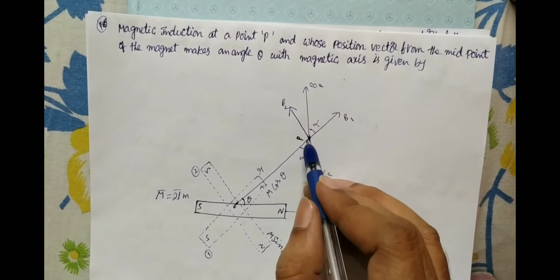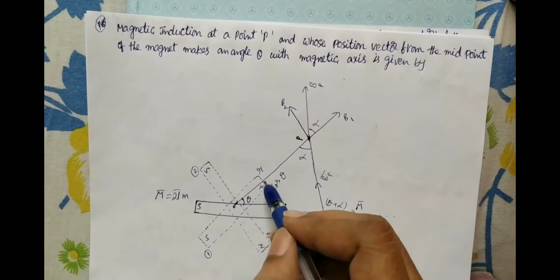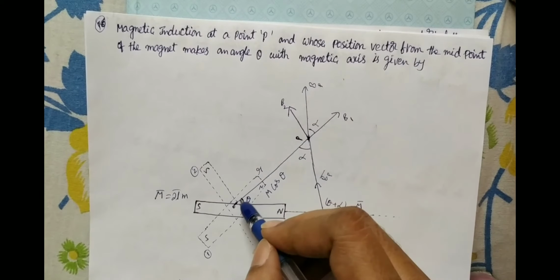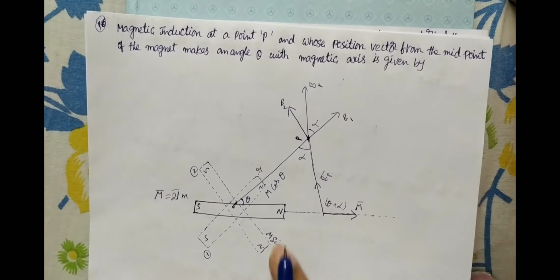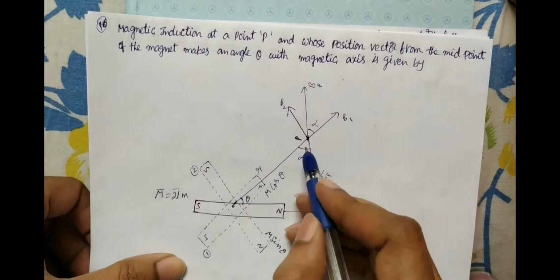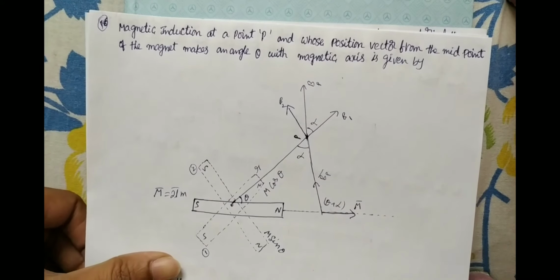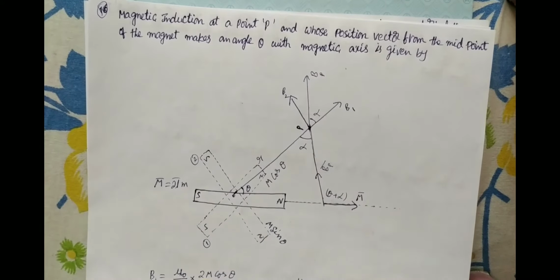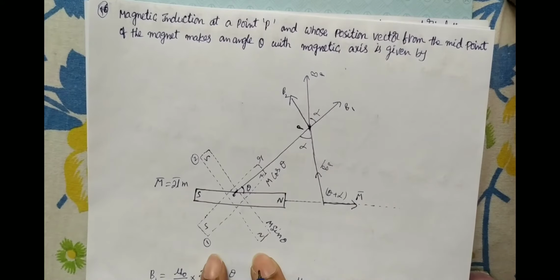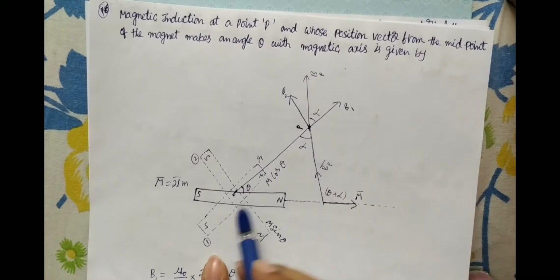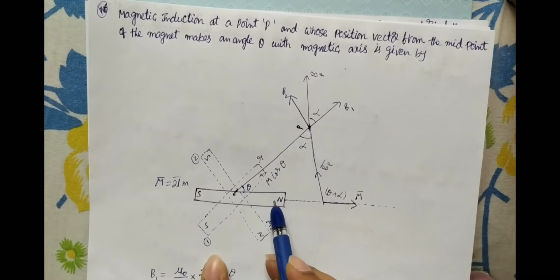What is the magnetic field induction? To calculate that, we assume a point P at this particular point. Here the distance is r and the angle is theta. To get the expression for magnetic field induction at this point, we resolve the magnetic moment into two components.